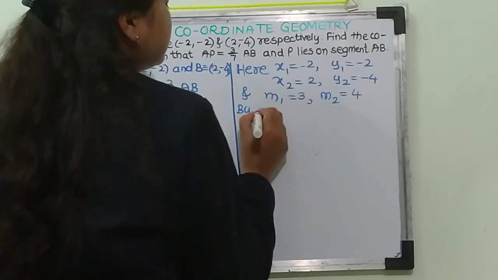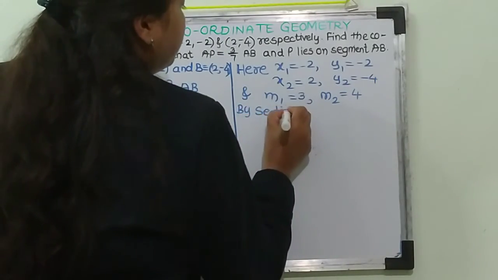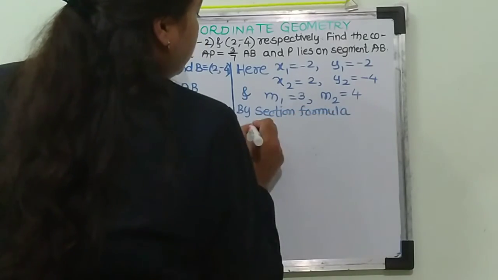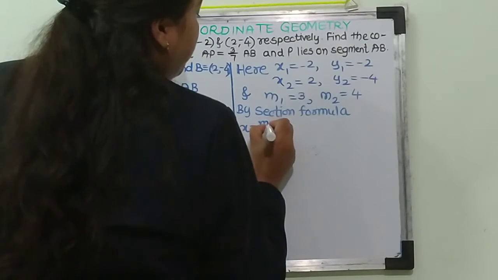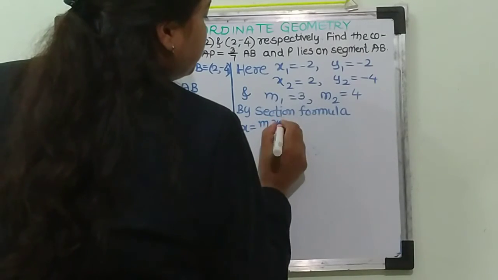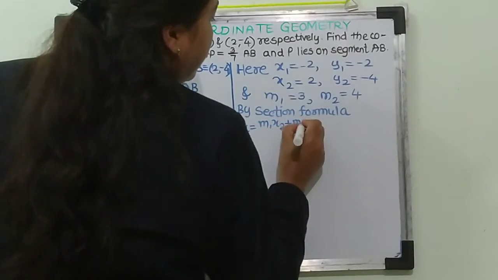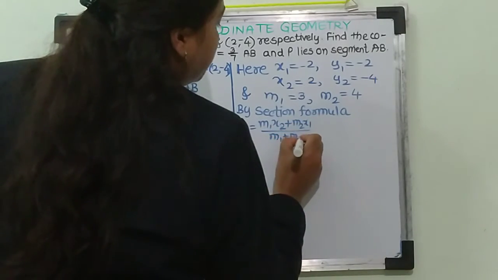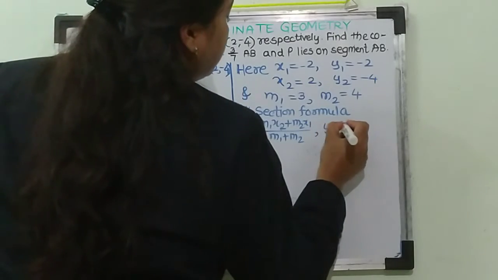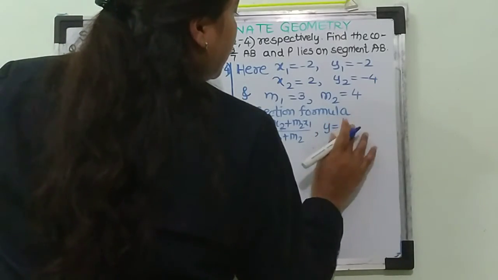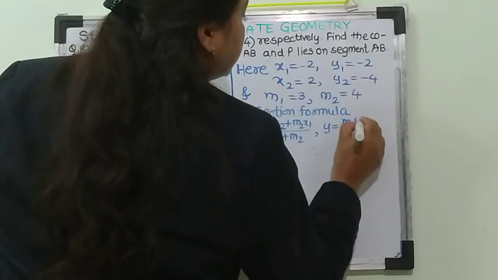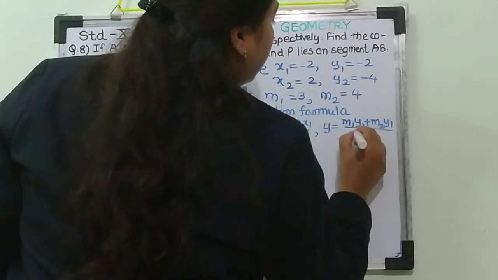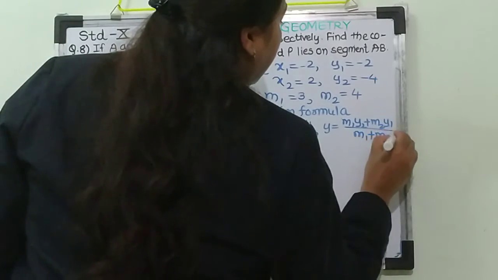By applying the section formula, we get x equals (m1 x2 plus m2 x1) upon (m1 plus m2), and y equals (m1 y2 plus m2 y1) upon (m1 plus m2).